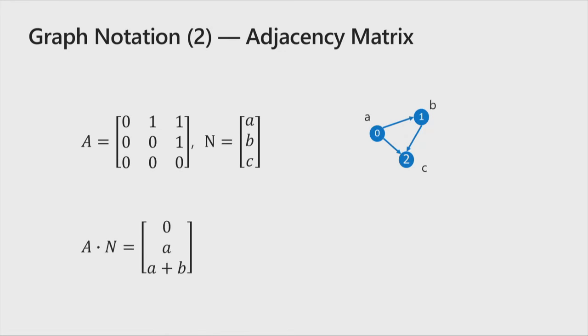Now imagine that we have some variable, A, B, and C, just a number for now, for each node here. Then if we multiply these two things, we get this thing.